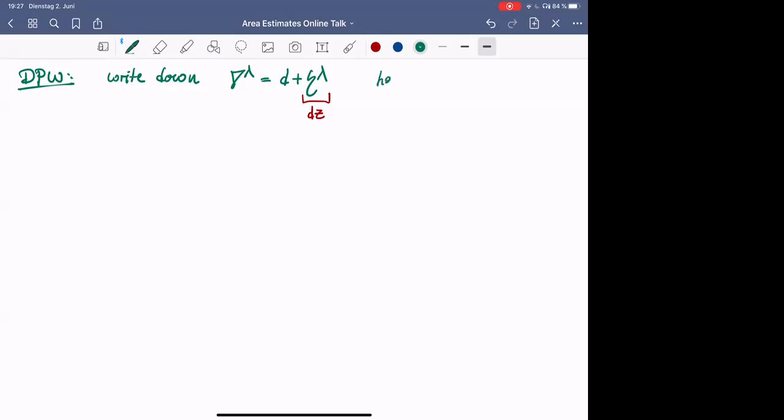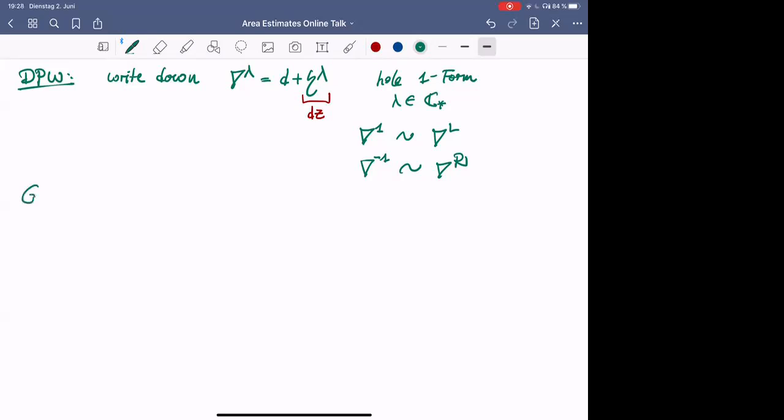And it's a holomorphic one form. Also eta is a holomorphic one form, and lambda is in C star. The idea is that nabla 1 is gauge equivalent to the left invariant connection, and lambda minus 1 is gauge equivalent to the right invariant connection.